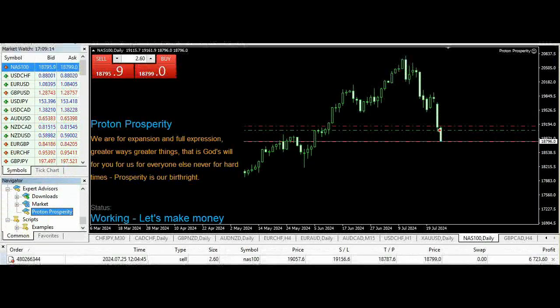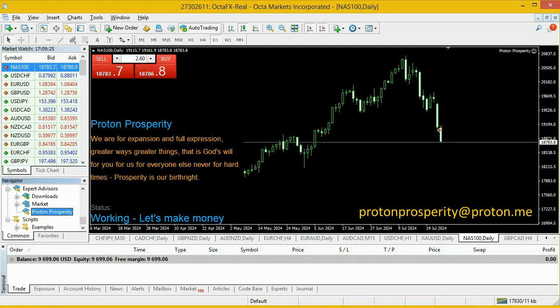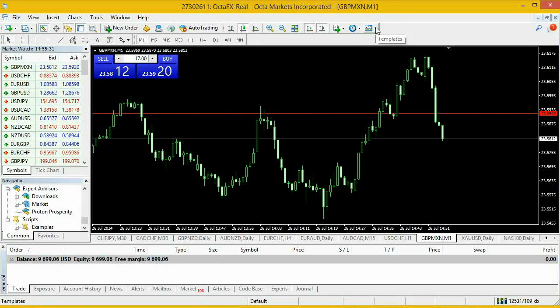And 5 hours 4 minutes into the trade. Take profit triggered. Our take profit is triggered. As you can see, our balance is now $9,699. Our next trade is on the British pound and Mexican peso currency pair.